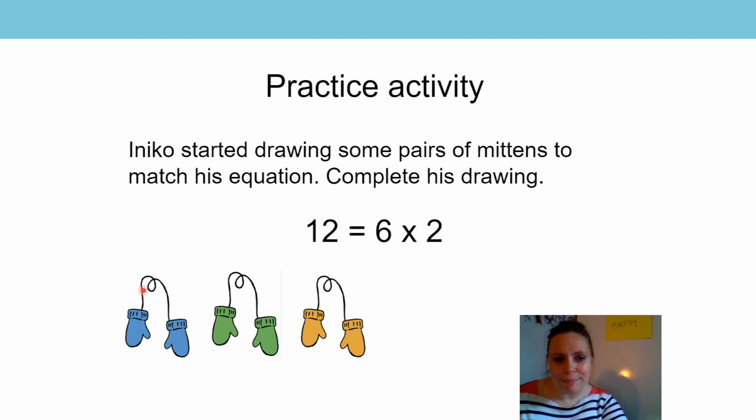He's joined his mittens up with some string. I remember my mum doing that when I was little. And he's drawn 6 mittens, but not 6 groups of mittens, so he doesn't have the right product. I'd like you to finish the drawing. Have a go and share it with us before next time.